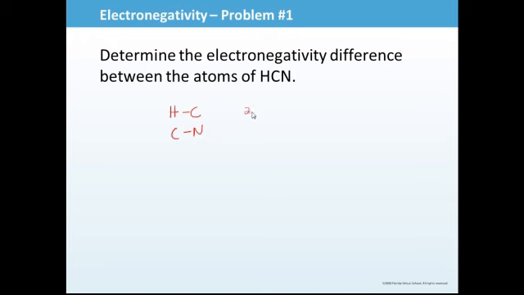So it's the big number minus the small number. So the electronegativity difference between hydrogen and carbon is 0.4. For carbon to nitrogen, again, it doesn't matter, negative, positive, so it's just large number minus small number. So we see that value is 0.5. And that's the electronegativity difference.